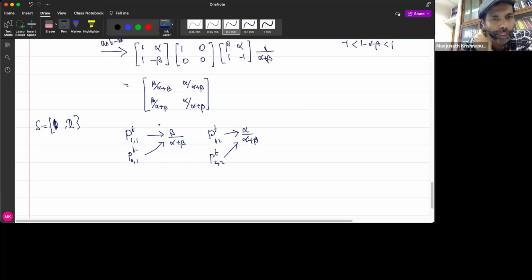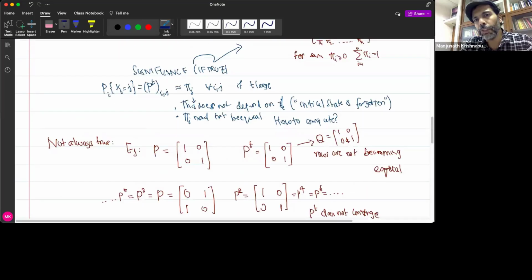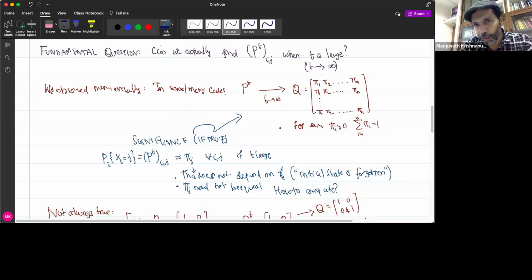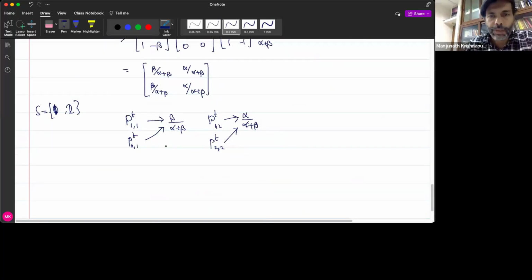We have shown that P to the T converges to a matrix with equal rows, and we have also found what those entries are. One of my questions was: even if this phenomenon is true, how do I find these pi's? That is not obvious, and we have shown that in the 2 by 2 case, we can find this.